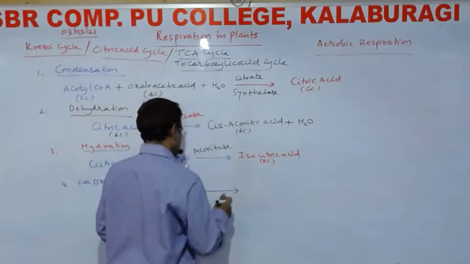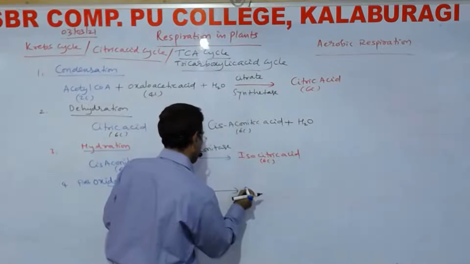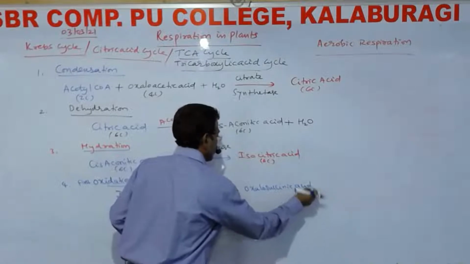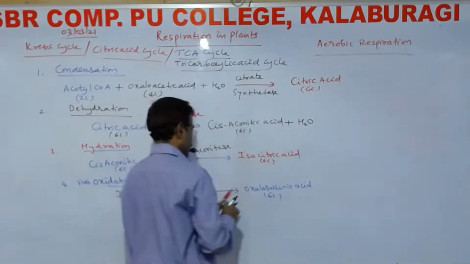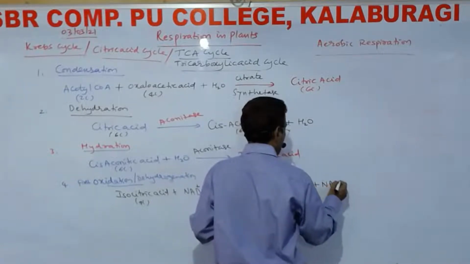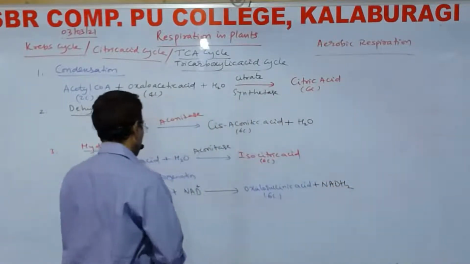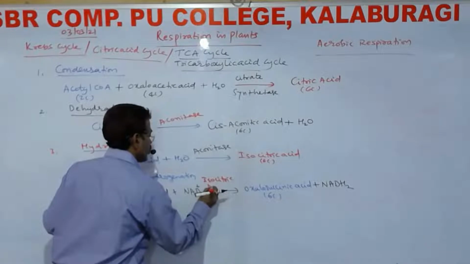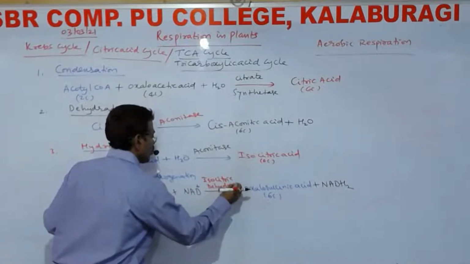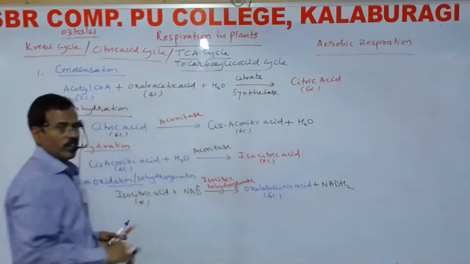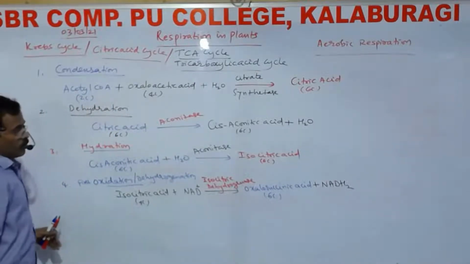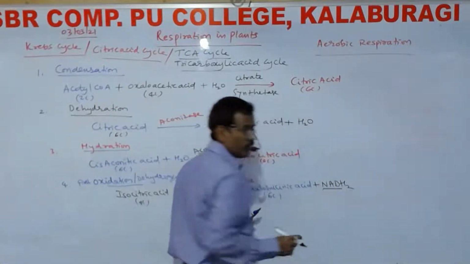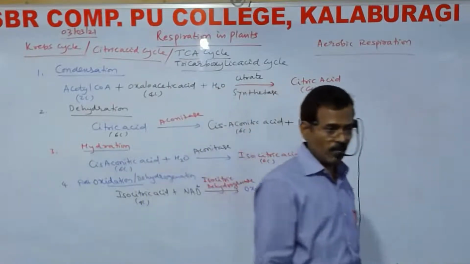So this results in the formation of oxalosuccinic acid, 6 carbon compound, and the formation of NADH2. This is catalyzed by isocitric dehydrogenase enzyme. So after the fourth step, oxalosuccinic acid we got, and there is a formation of NADH2, reduced coenzyme.